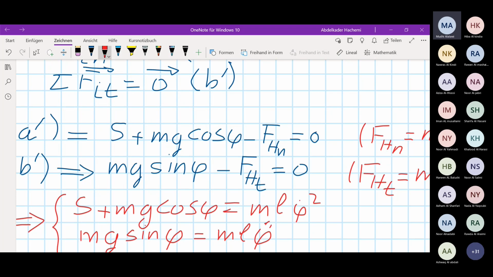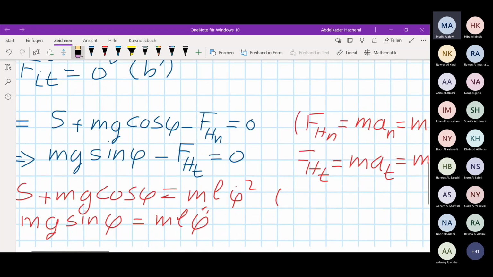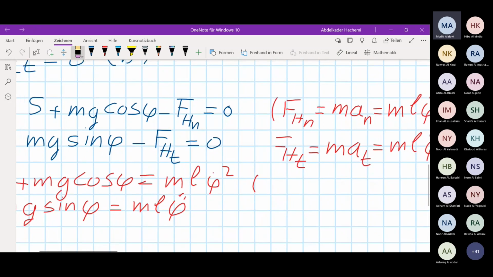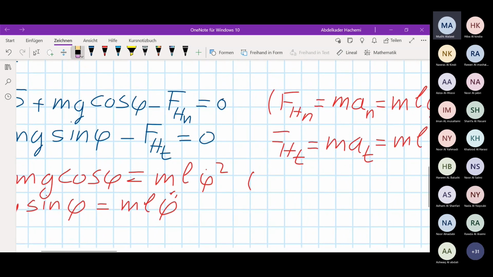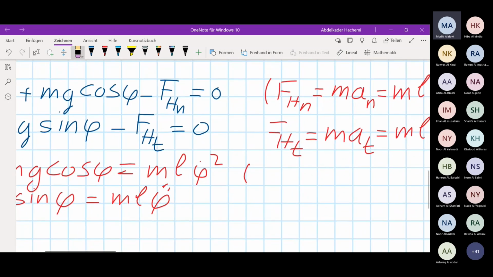This will be equation 1, and this is the second.